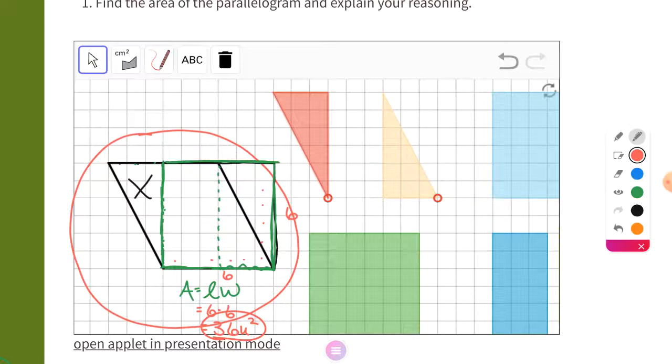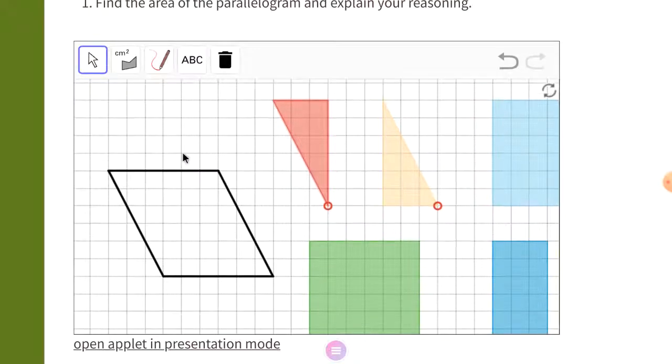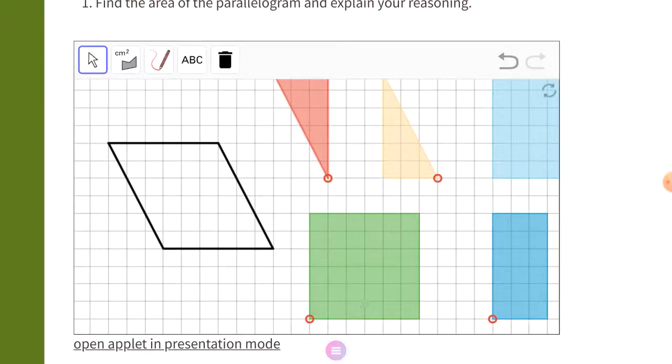Okay, now, I don't want you guys to erase, but I'm going to show you something about parallelograms. This isn't just this parallelogram. This is, I'm going to say 98% of them. You could chop it anywhere and slide it. If I chopped it here, I guess not anywhere because I couldn't chop it there.